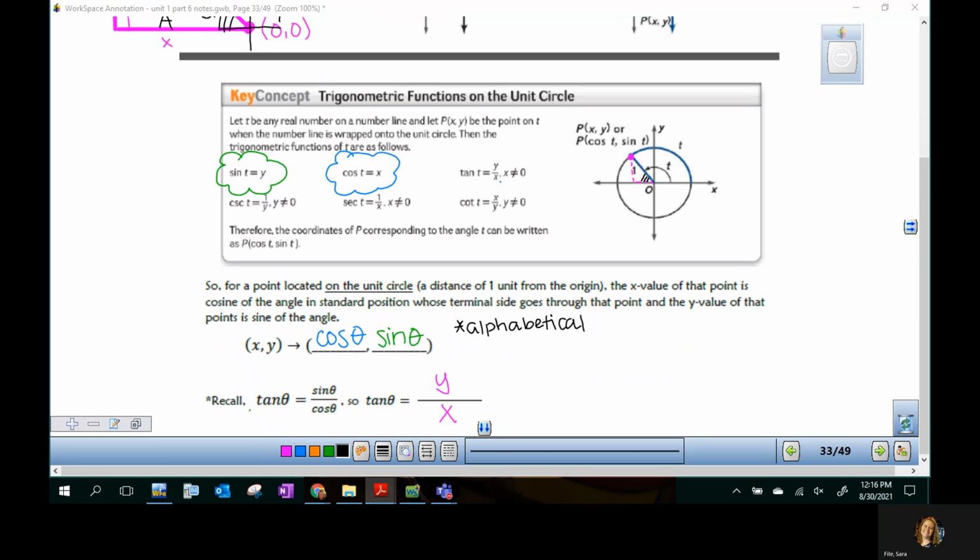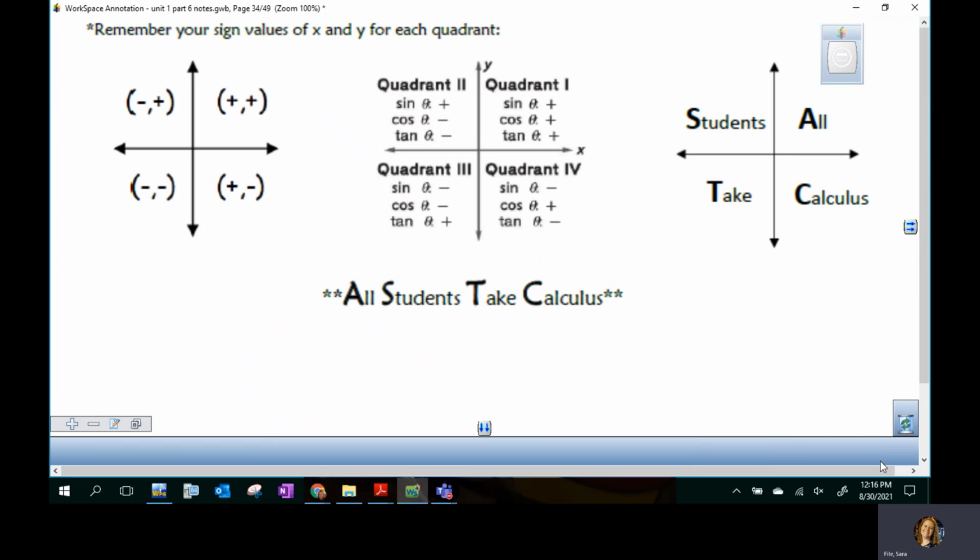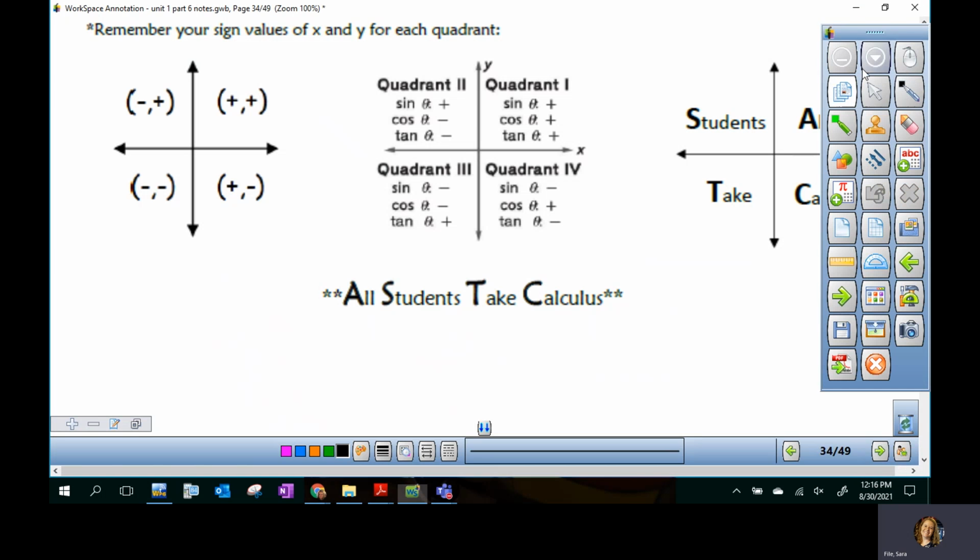Okay. Now let's look at our quadrants. If we're going to start finding trig values on the unit circle, we need to know when and where those trig values are positive or negative. So we're going to consider just ordered pairs in general.